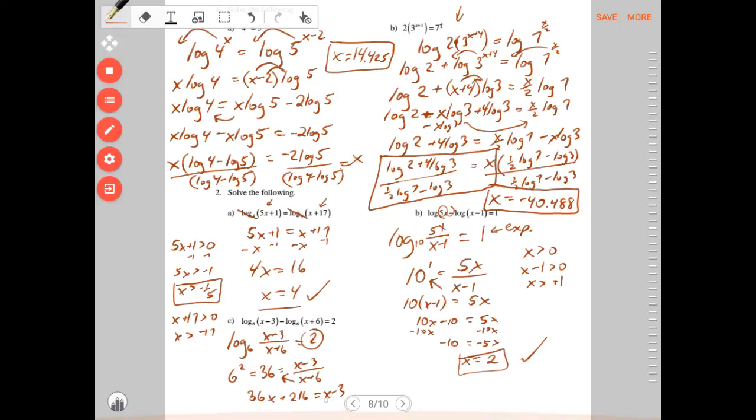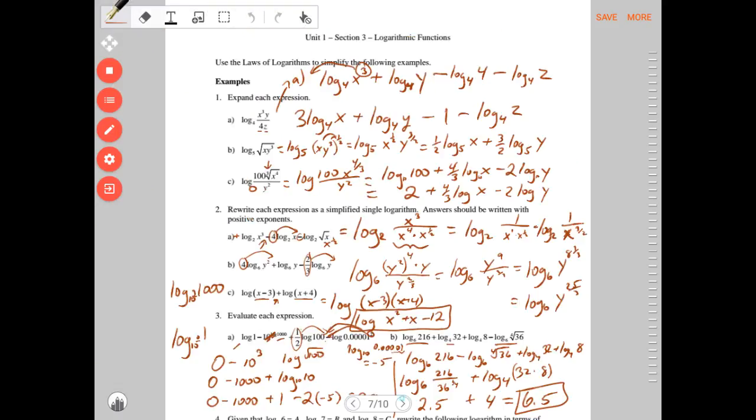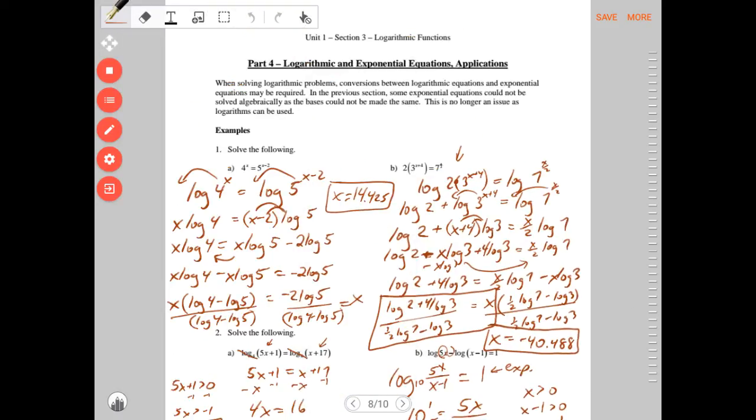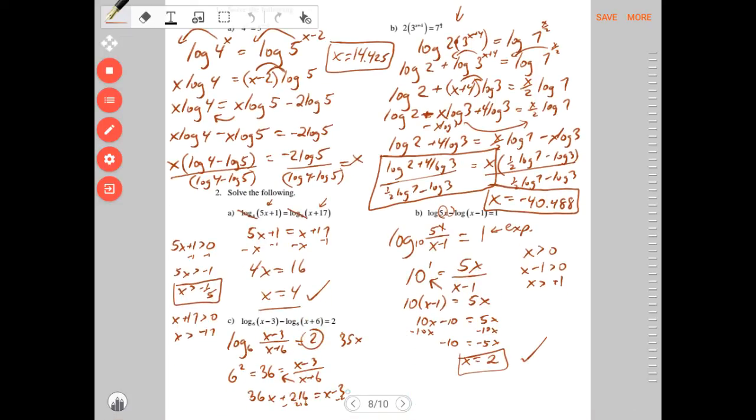So let's see, minus x, so we're going to get 35x. And then minus 216. Whoa, sorry, I'm getting awful close to the button there. Minus 216, there we go. And that's going to be negative 219. So x is negative 219 over 35.